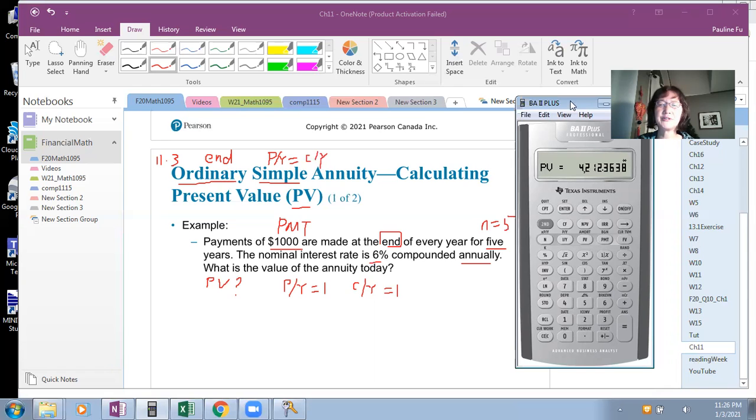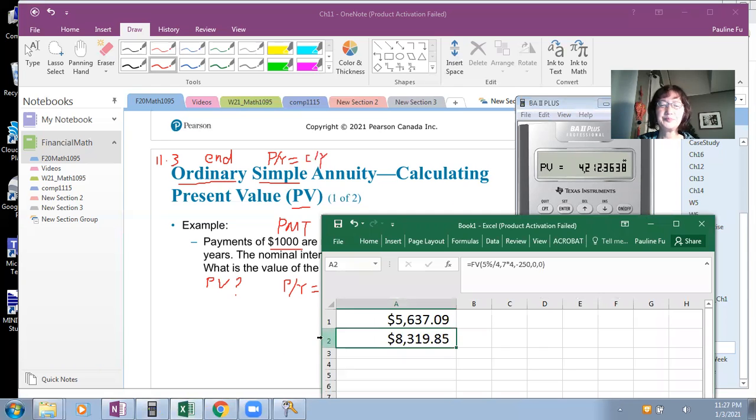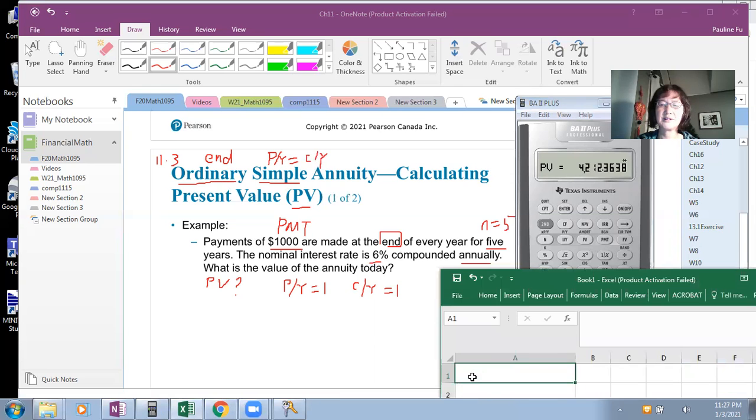Now I will introduce the Excel method. I'm going to use this cell. Type in equal PV, opening bracket, rate is 6%, NPER, term N is 5, PMT negative 1000, FV is 0, type is 0. 0 means end of the period.